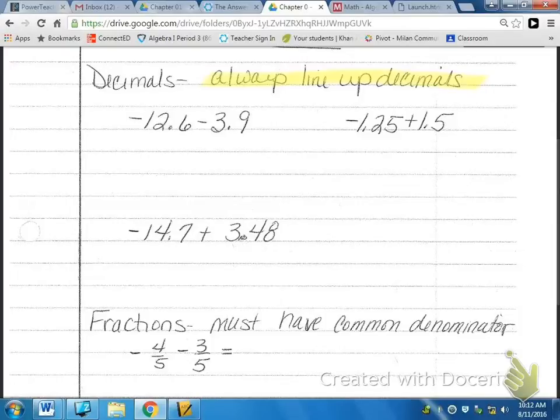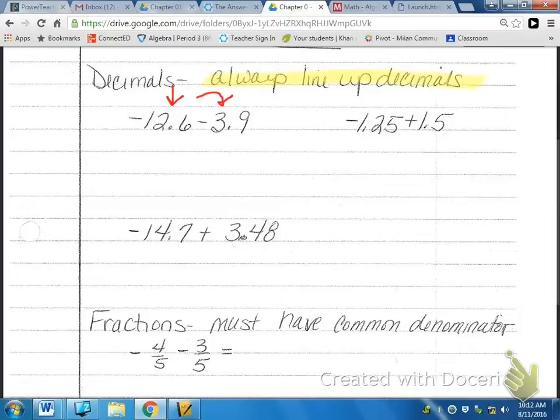So remember our way we dealt with integers last year? This one is already in the whole 12.6, and we are going back 3.9 more. You're getting deeper in debt. So I'm going to end up in the negatives, a lesser negative, because remember on the left-hand side, the deeper you go in debt, the smaller the number.